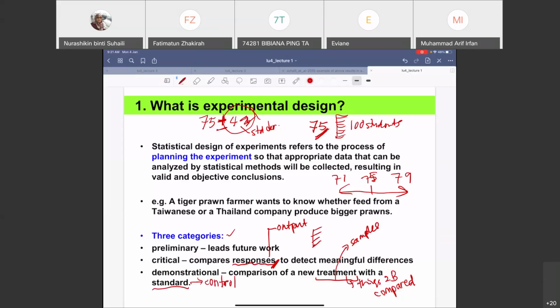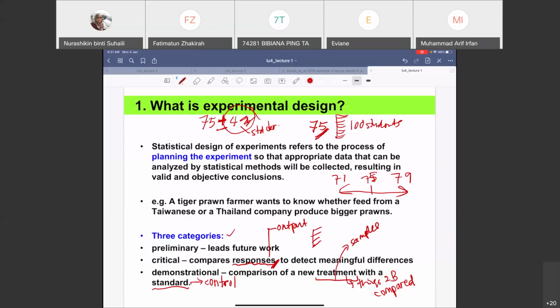Let's say I want to compare the effectiveness of three types of fertilizer, A, B, and C. I want to see the height of plants that are planted using those fertilizers.